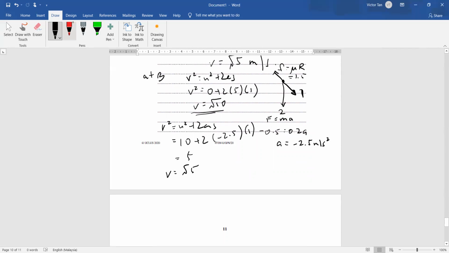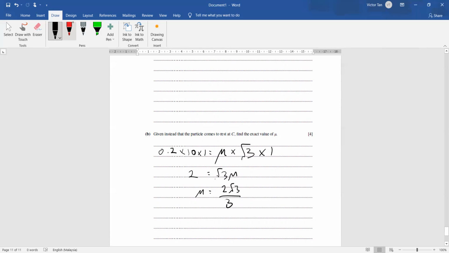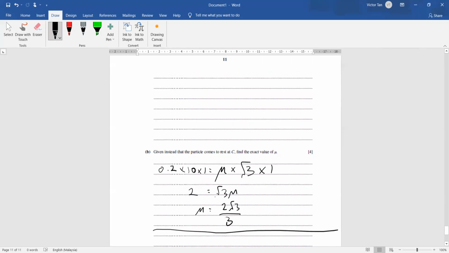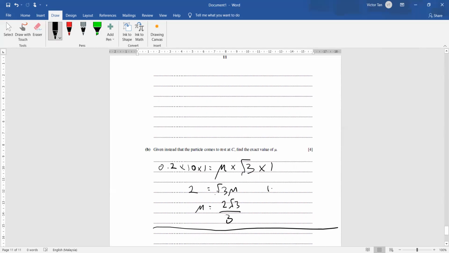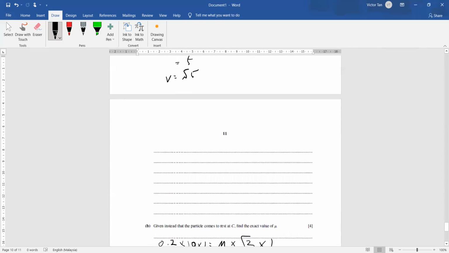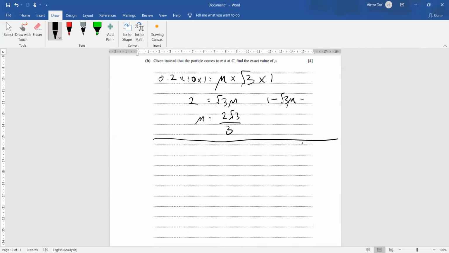Using the same method, the resultant force is 1 minus root 3 mu. Okay, so R is root 3. That equals 0.2a.